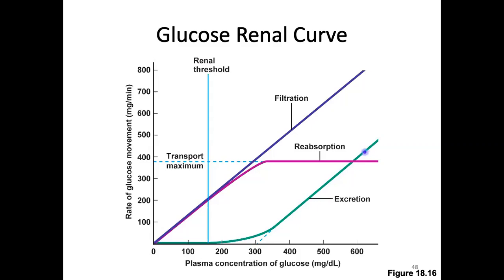You're excreting a lot of glucose. Your transport maximum is about 380 milligrams per minute. So you can imagine how much glucose was in that urine. It's like sugar pee.